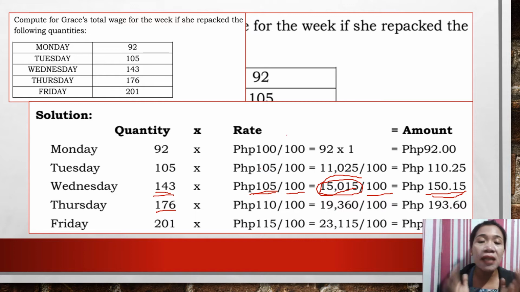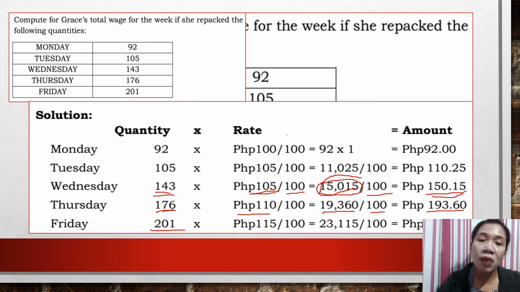Her rate per 100 is 110 pesos. So her pay is 176 times 110, which will give you 19,360. Divided by 100, the answer is 193 pesos and 60 centavos. Now, on Friday, Grace finished 201.